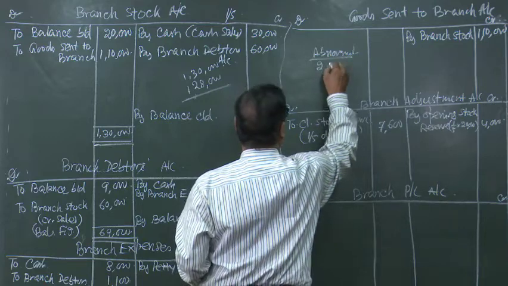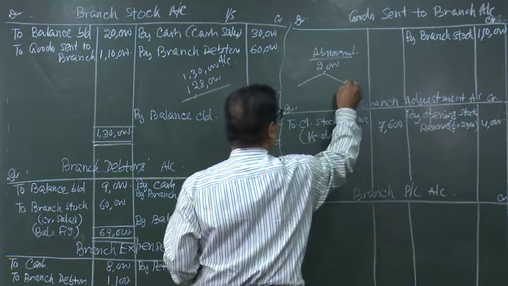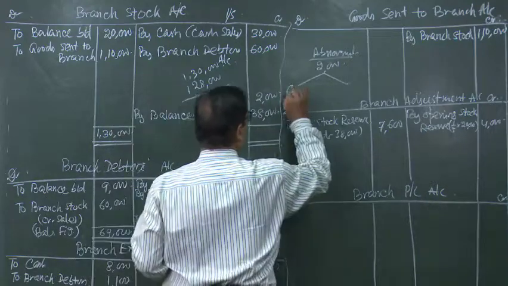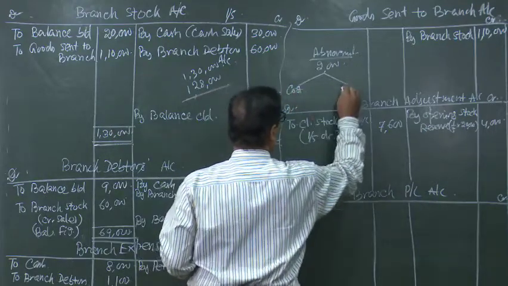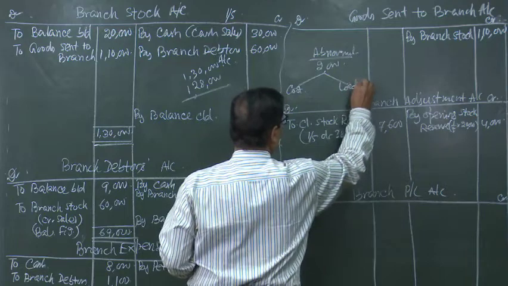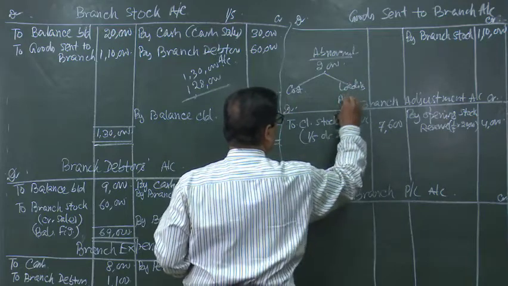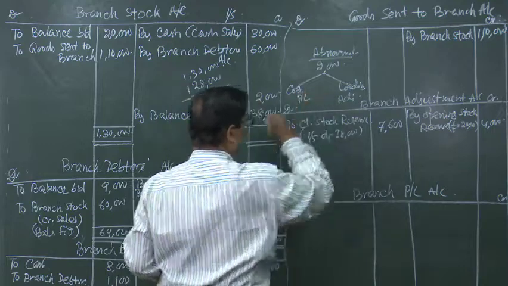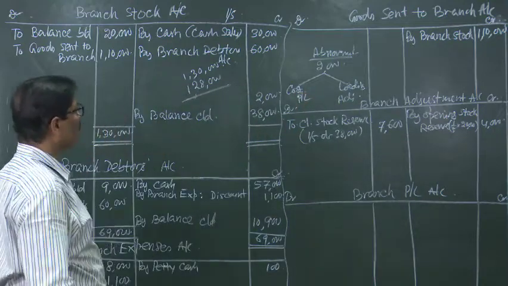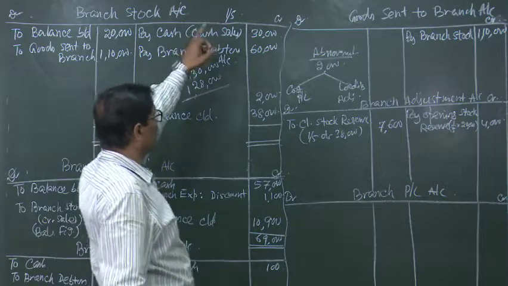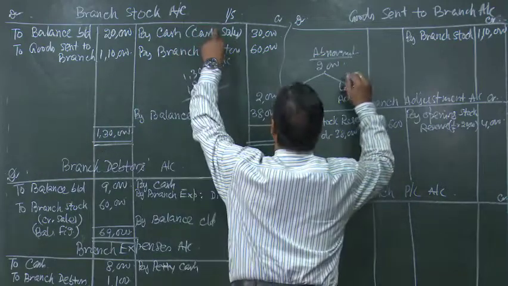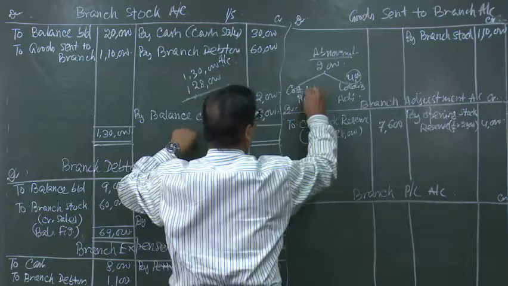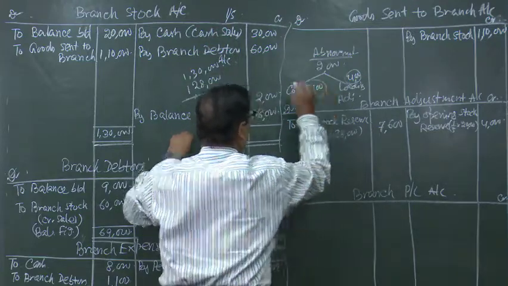abnormal loss is 2,000, that will have to be segregated into two parts. One is the cost and another will be the loading. The loading will be going to the branch adjustment account, and cost will go to the profit and loss account. Now, out of 2,000, if 1/5 will be the loading, it comes to 400, and remaining 1,600 will be the cost.